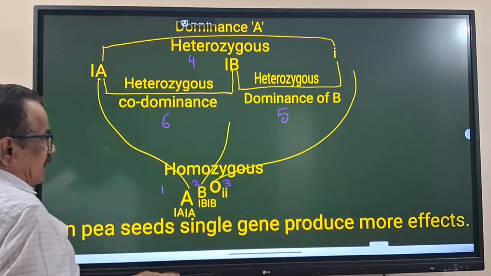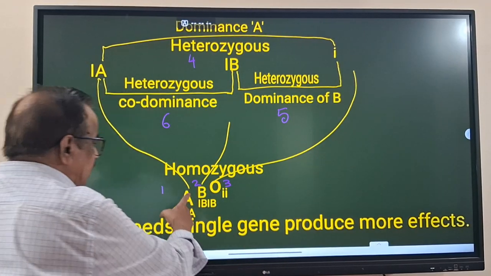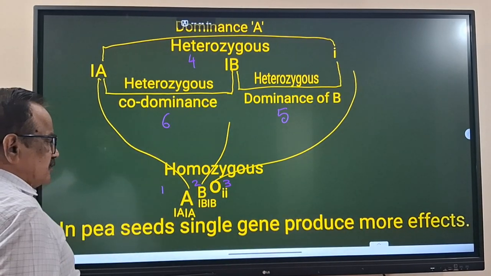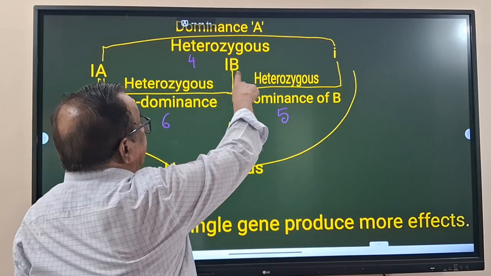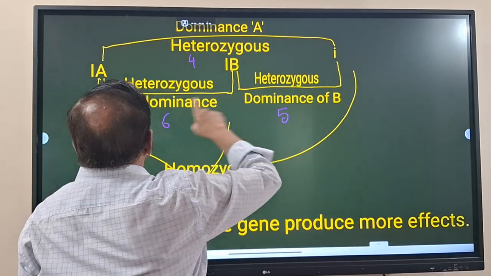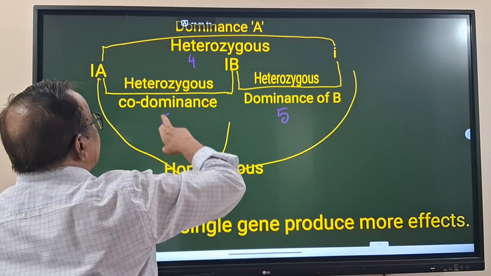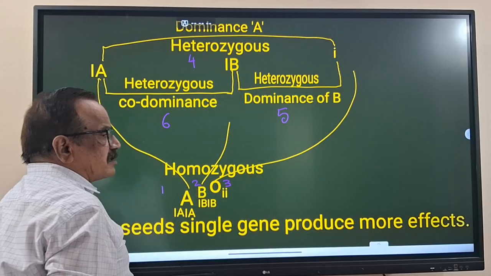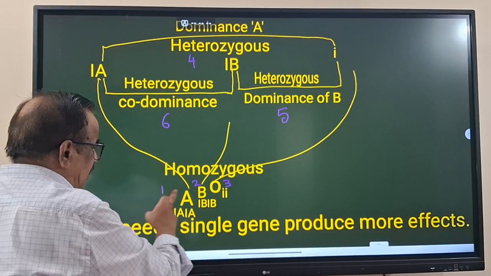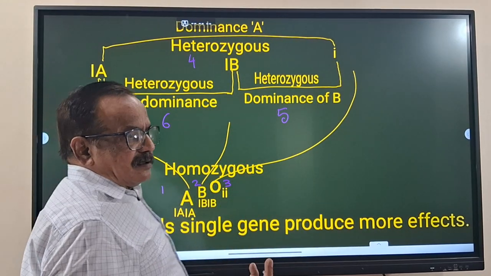For example, how many genotypes are there? See, A, B and O. These are the three. And B heterozygous, A heterozygous, that is 5 and 6, and A with O heterozygous. So now I have given the numbers 1, 2, 3, 4, 5, 6.